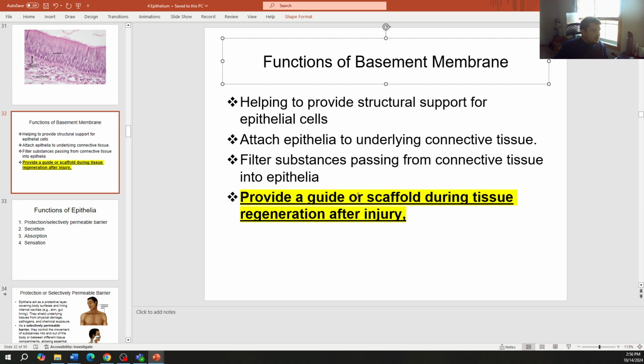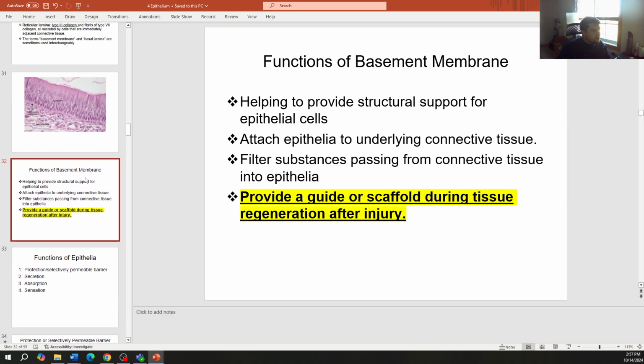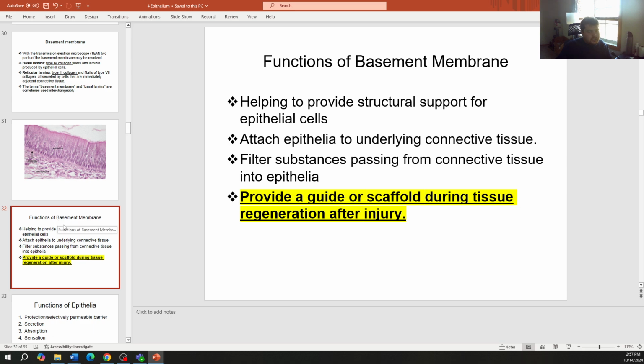It's the guide, the scaffold during tissue injury, during tissue regeneration after injury. It's what really is meant to hold all of the epithelium in place, keep it anchored, keeping it where it's supposed to be so that everything else can do its job and that it can be a proper structure and do what it needs to do.